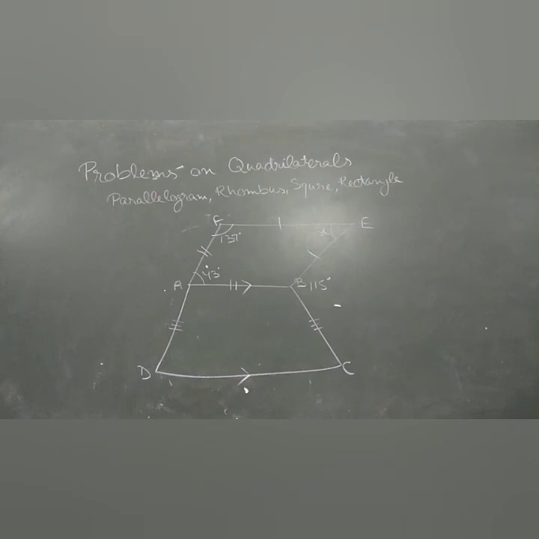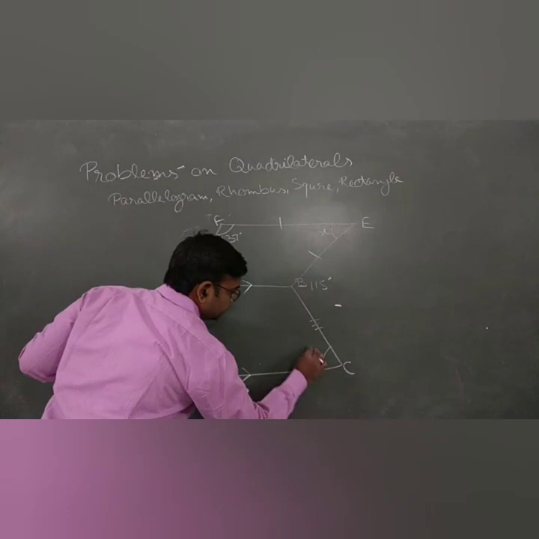ABEF is your kite. In this kite, it is given that 137 degrees, 43 degrees, x. Question says find the value of x. So let's start. Question asked x and y.